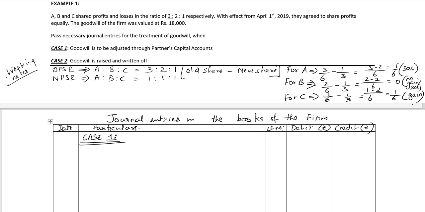The date is 01/04/2019. We need to debit the gaining partner with the amount of compensation payable and credit the sacrificing partner with the amount of compensation receivable. The gaining partner, we'll assume the fluctuating capital accounts. So C's capital account, debit to A capital account.